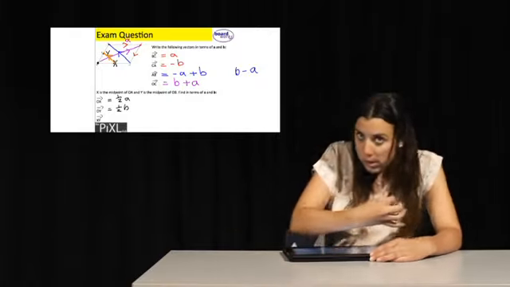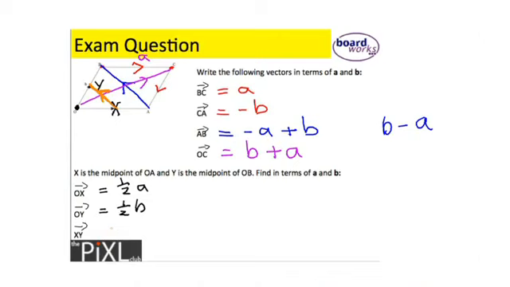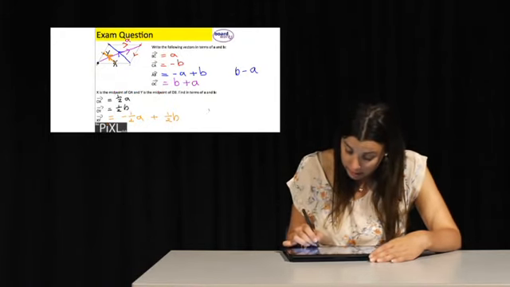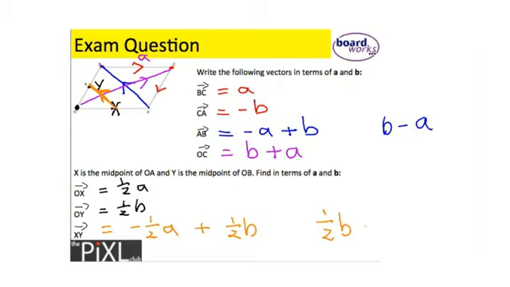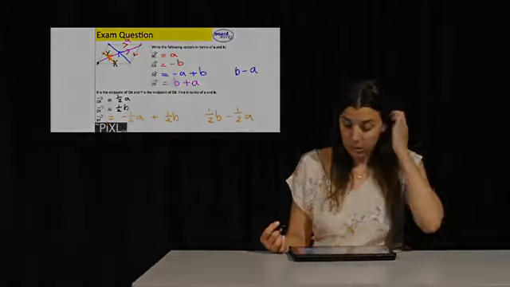So we're going backwards on the half A and forwards on the positive half B. So in this case, we have minus a half A. That was the vector X to O. Add the vector O to B, which is a half B. Again, if you want to write that with the positive first, half B, take away a half A. And that's expressed using the terms A and B.